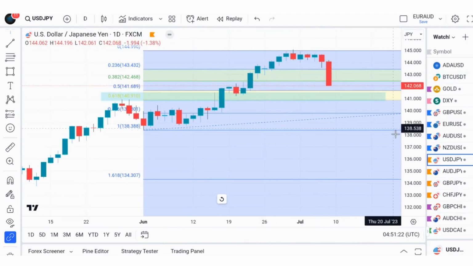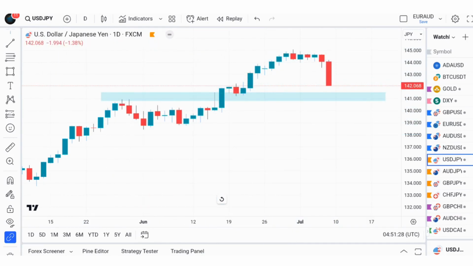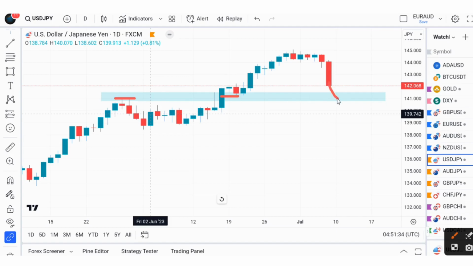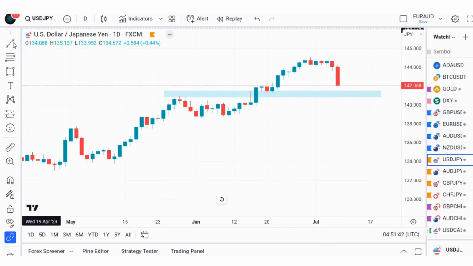But I'm anticipating a rejection at this area of value right here, because the whole directional bias is to the upside.